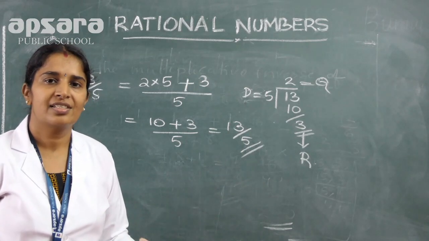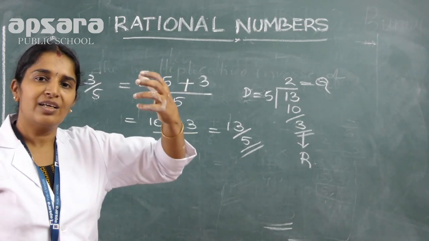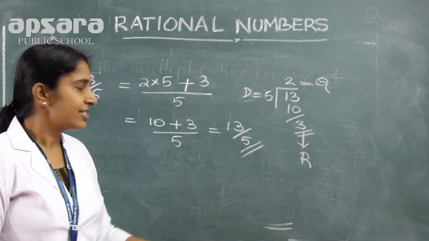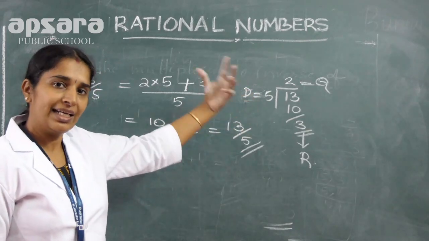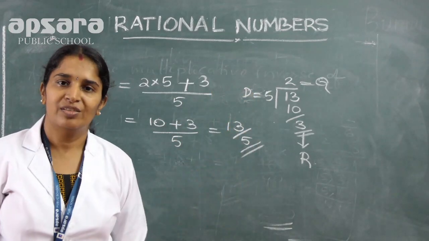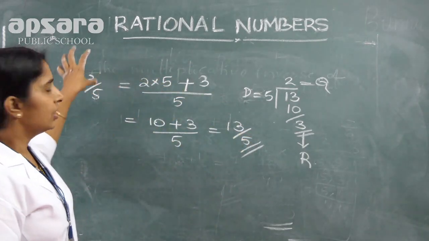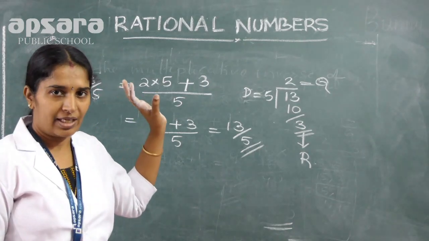What is the difference? A proper fraction means the numerator will be smaller and denominator will be greater. But in the case of improper fraction, the numerator will be greater and the denominator will be smaller. So improper fractions can be converted to a mixed fraction. I think you are okay, clear, right?